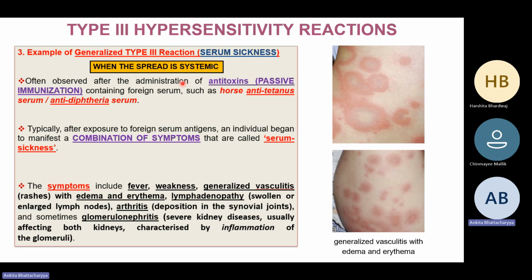So typically, after exposure to the foreign serum antigens, some individuals manifest a combination of symptoms that are altogether called serum sickness.